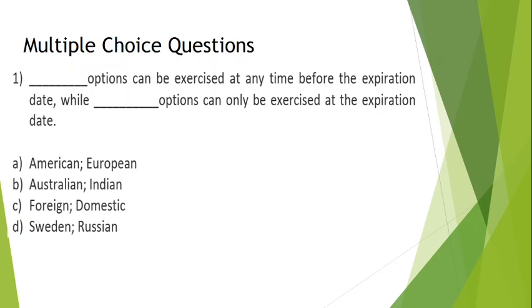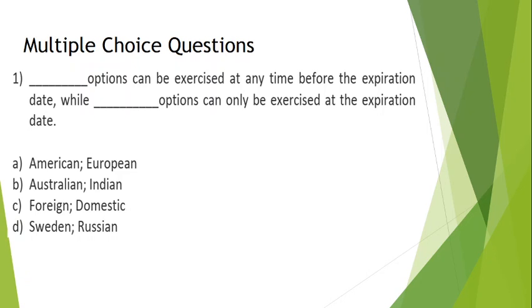The first question in the multiple choice section is: dash options can be exercised at any time before the expiration date, while dash options can only be exercised at the expiration date. So here we have four options. Option A, American and European. Option B, Australian, Indian.